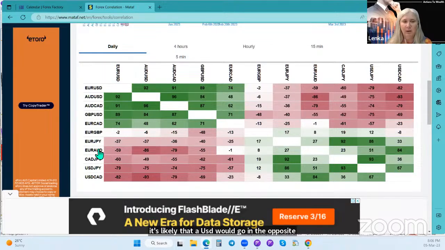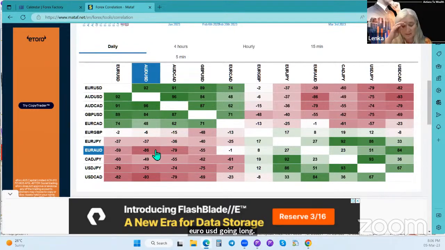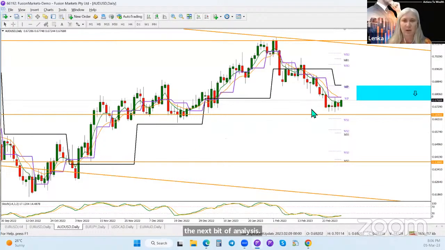So if we are looking at euro AUD going short, then we would be at the same time, or on the same day, looking at AUD USD going long. And this is what I'm going to be using as part of the next bit of analysis. So you'll see what that is going to look like.